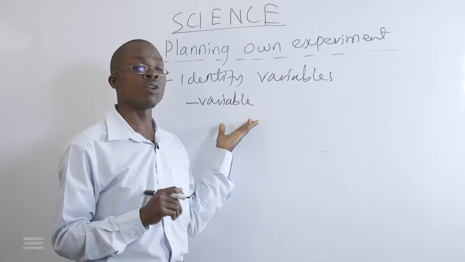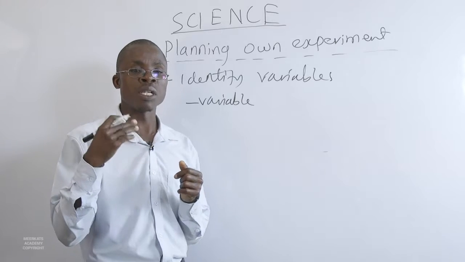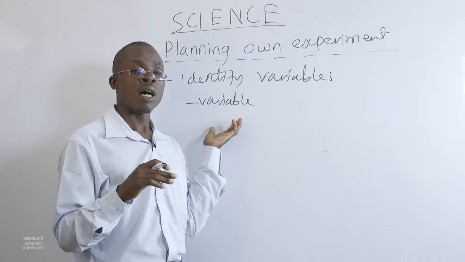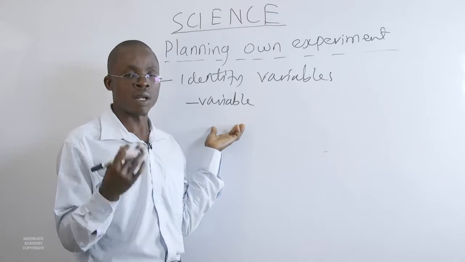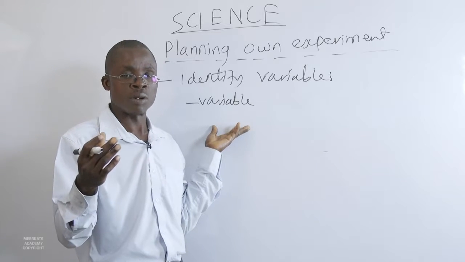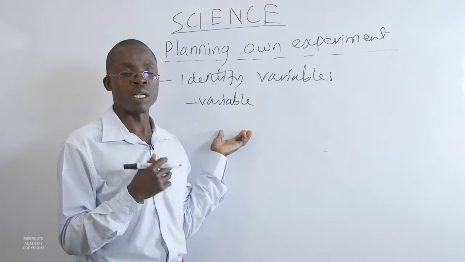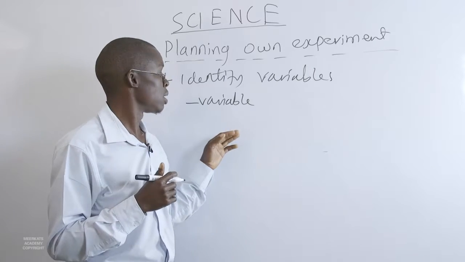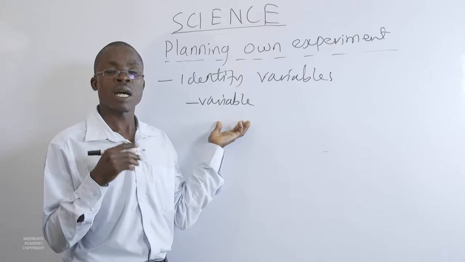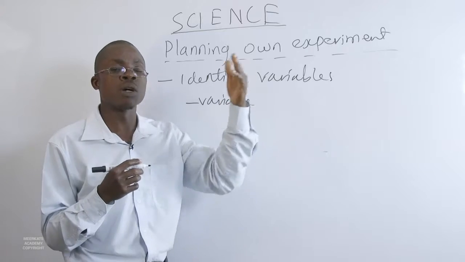When you talk about a variable, it can only be called a variable if it depends on another one. So we call them dependent variables. A dependent variable is that aspect that changes only when the other one changes.